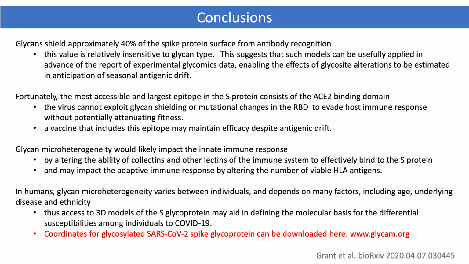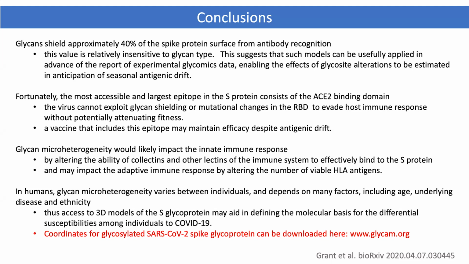And you may say, well, who cares, because those are all artificial, they're not human. But microheterogeneity varies between individuals. Gordon Lauc has shown this in several publications. So it depends on many factors, including age, underlying disease, ethnicity.